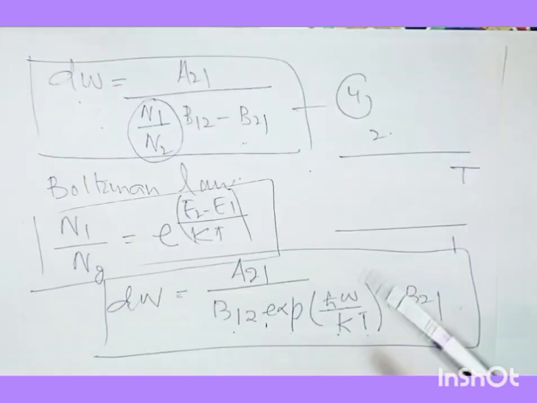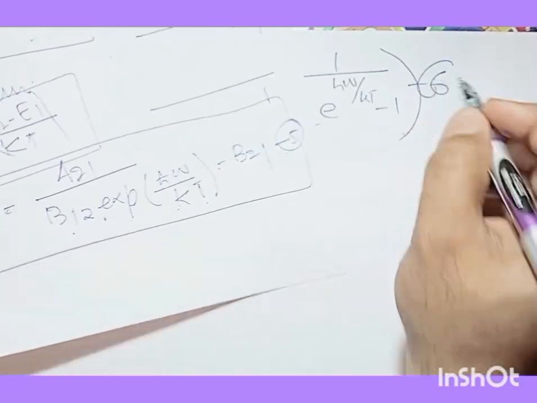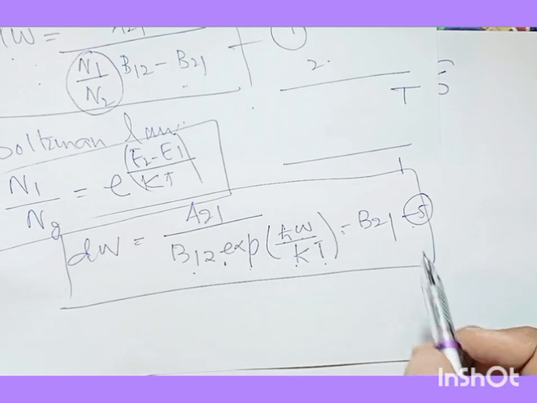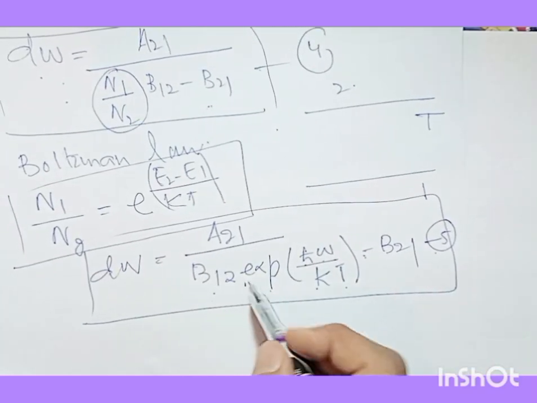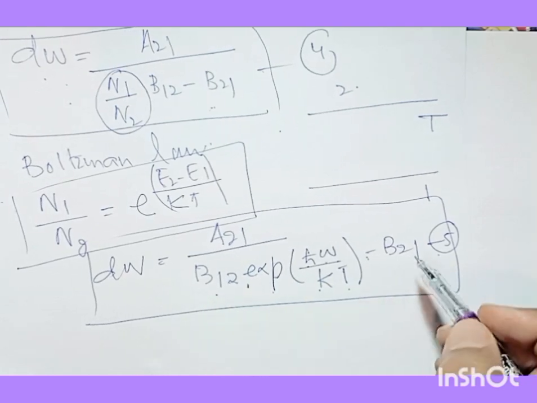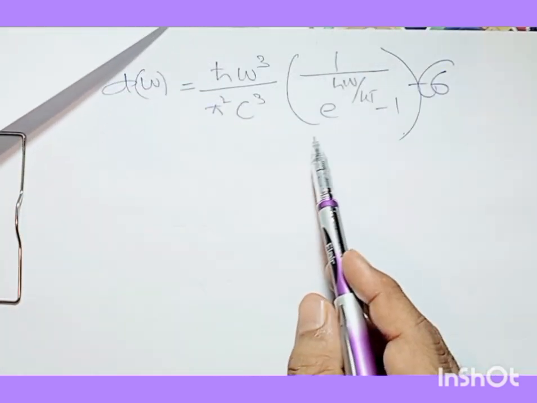If we compare this equation, say equation 5, and this, equation 6, the most important thing is that B12 must be equal to B21. That's quite clear.